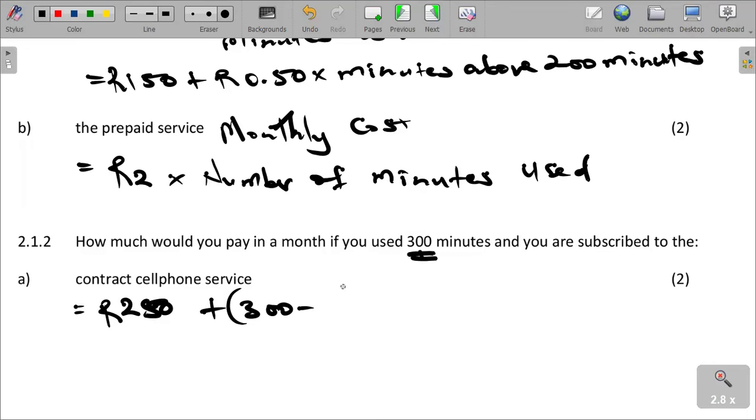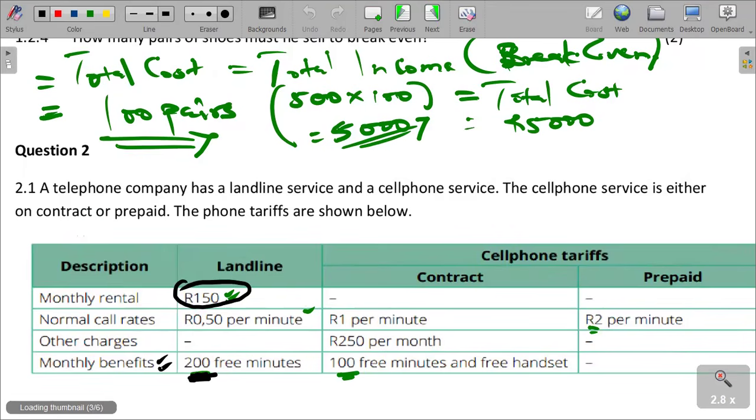300 minutes minus 100, multiplied by 1 rand, because it is given there that the contract line has 100 free minutes. The monthly benefit is 100 free minutes and a free handset.